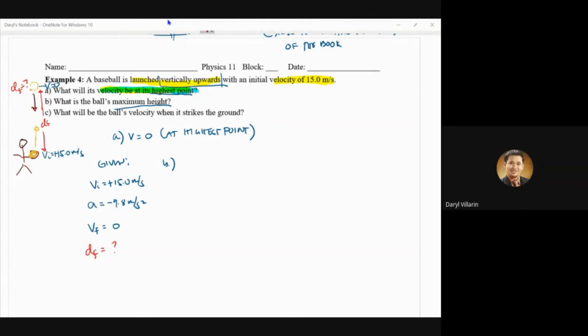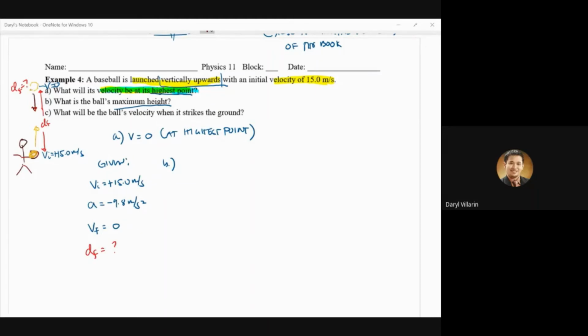So if you can see here, I have vi, acceleration, and vf is also given. I'm trying to get at least the maximum height, but the final position, whatever the value there, I just take the magnitude of that. That should be the answer for the maximum height also.